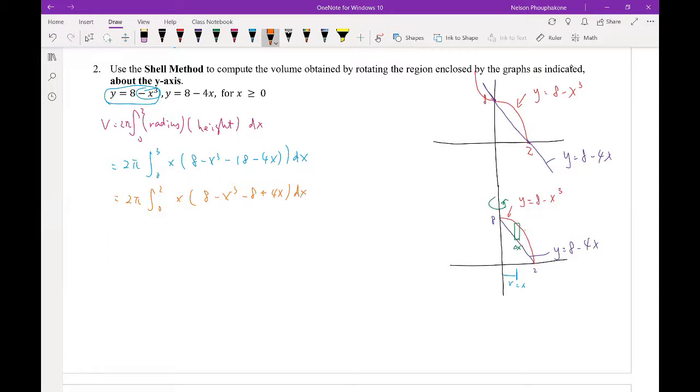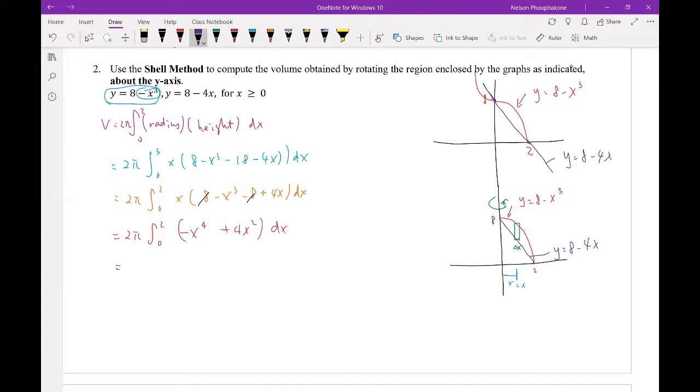Then you will see that we are going to integrate between 0 and 2 pi, and now I will have negative x to the power 4 plus 4x squared dx.